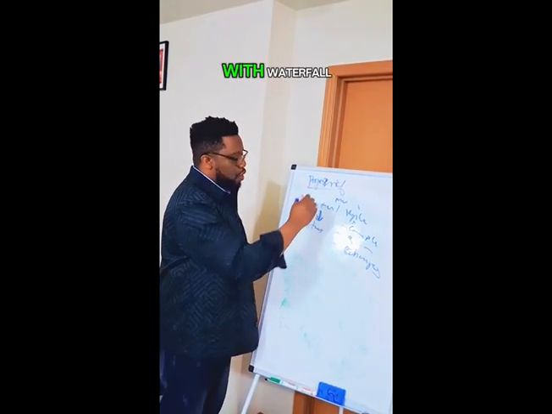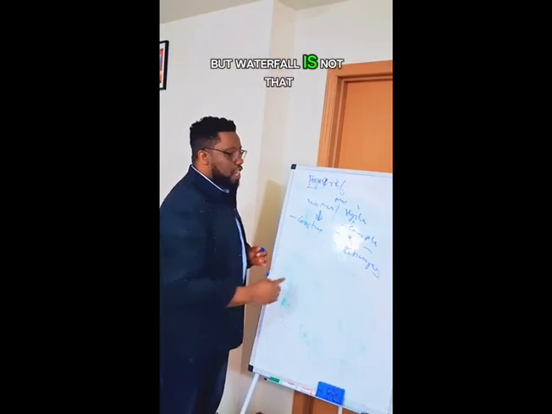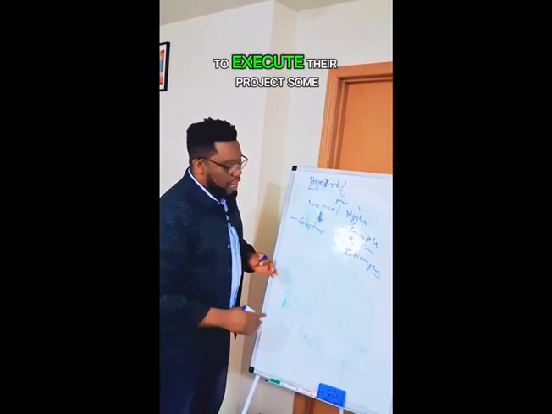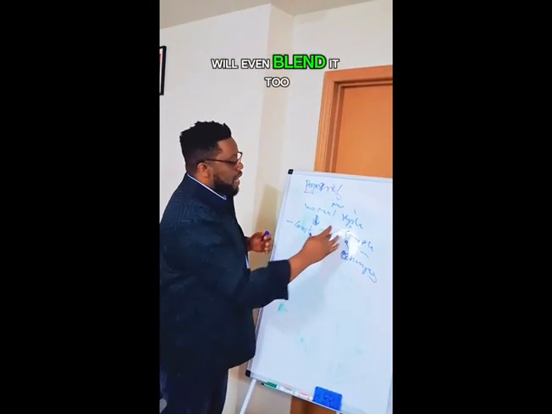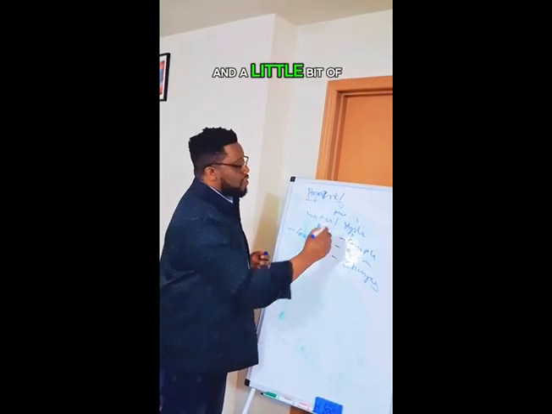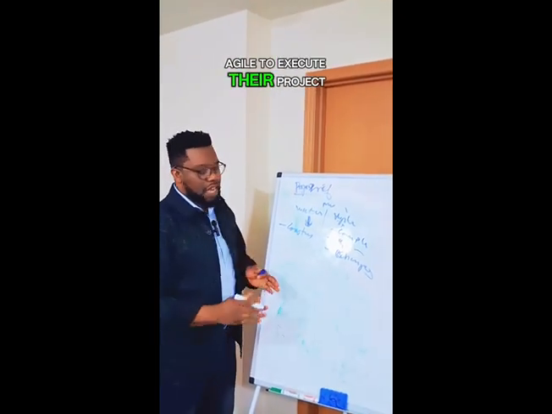That is where you go with waterfall. But waterfall is not that popular out there, but that doesn't mean that companies are not using waterfall to execute their projects. Some will even blend the two. That's called hybrid. A little bit of waterfall and a little bit of agile to execute their project.